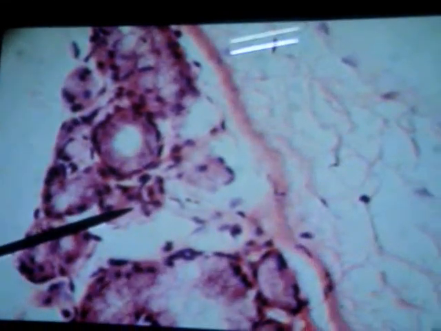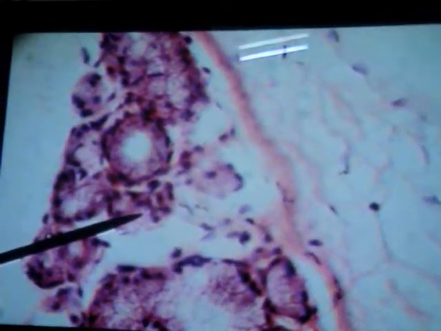Okay, and then you can see this is the region of the lamina propria there. And then you can see these are the glands. Okay, these are the glands which are present in the nasopharynx. Now coming on to the region of the oropharynx here, you can see the mucosa has become stratified.